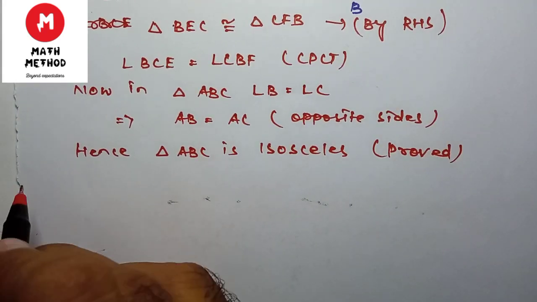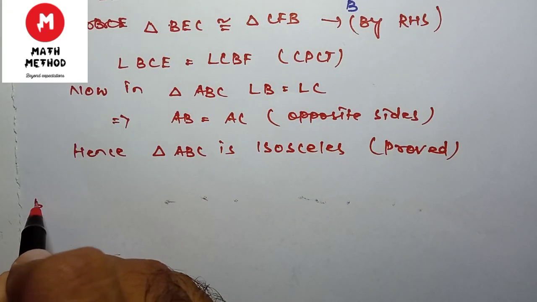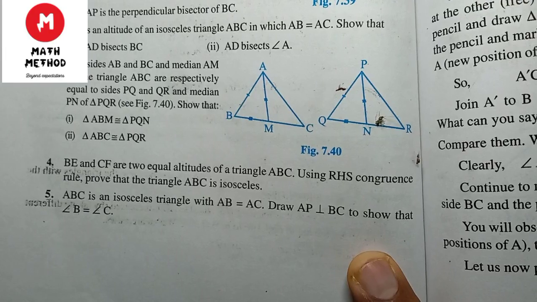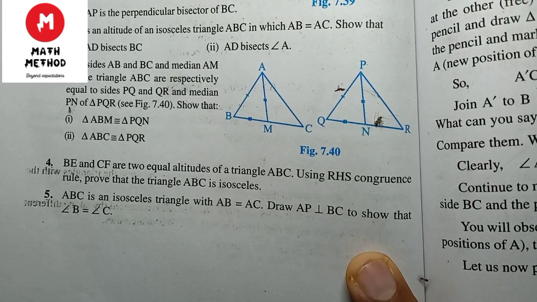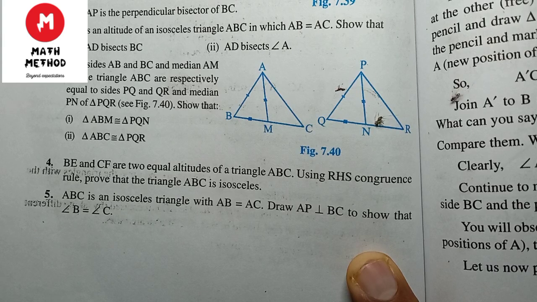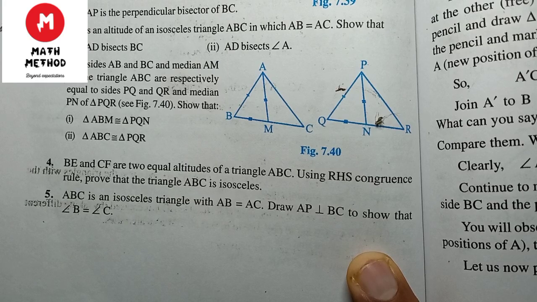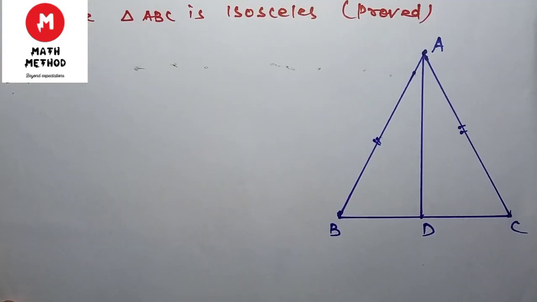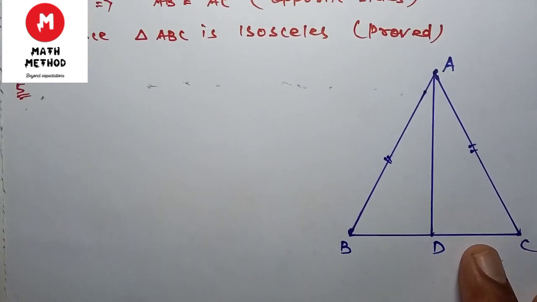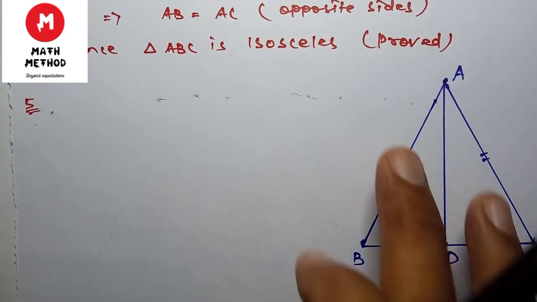Now question number 5. Question number 5 is: ABC is an isosceles triangle with AB equal to AC. Draw AP perpendicular to BC to show that angle B is equal to angle C. We have to prove angle B is equal to angle C. Now I have drawn the figure like this.